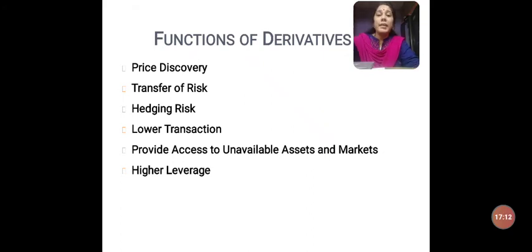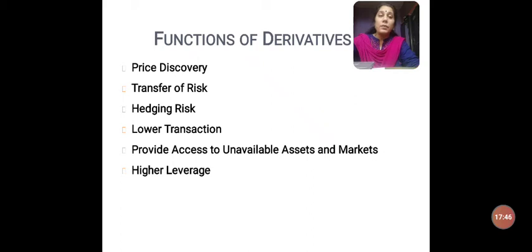Then you have got hedging risk. Hedging is an instrument which helps you to reduce or minimize the risk, or to cancel the risk, or to postpone the risk. So hedging risk means it helps in hedging against unfavorable price movements of an underlying asset. By entering into a forward contract, you can hedge your risk.